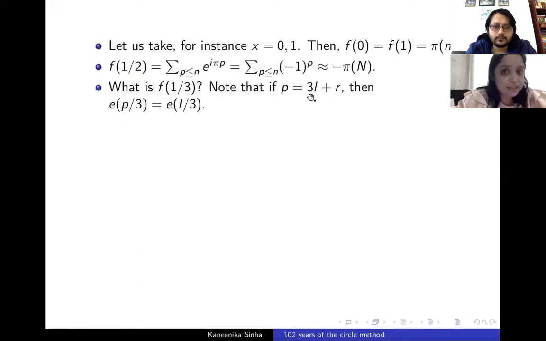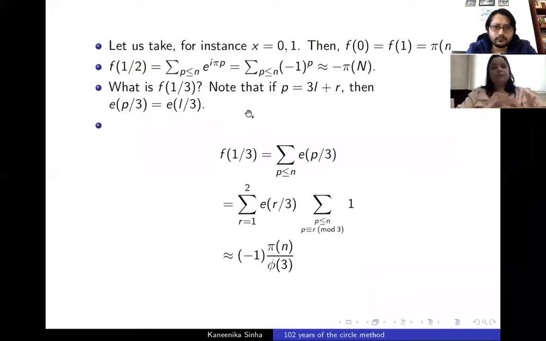If p can be written as 3 times l plus r, where r is 0 or 1 or 2, then e of p over 3 is exactly equal to e of r over 3. We also note that since p is a prime, r cannot be equal to 0, so the 0 residue class will not be considered. Otherwise, p will cease to be a prime number.